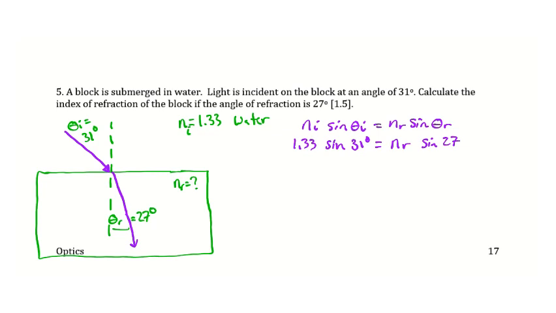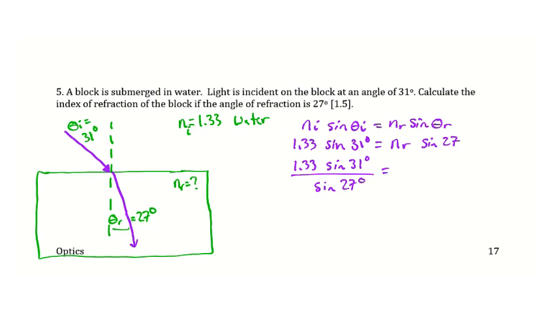So we just need to do some math to solve this. We're going to have to bring the sine 27 over, so we're going to do 1.33 times the sine of 31 all over sine of 27.